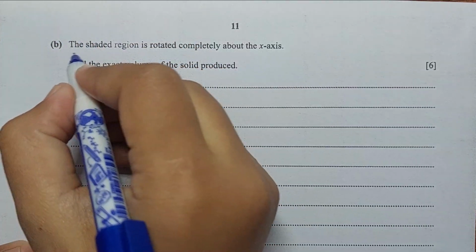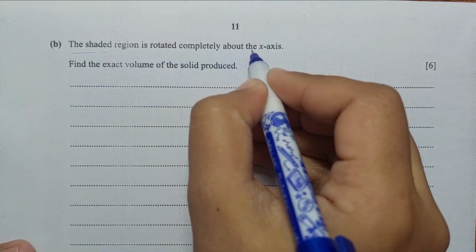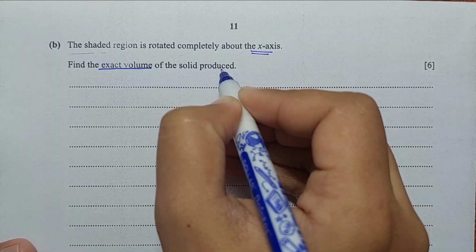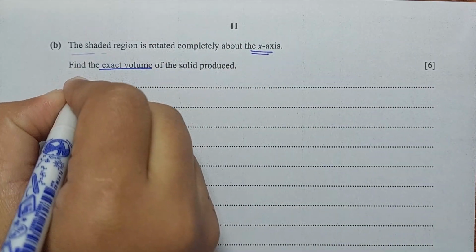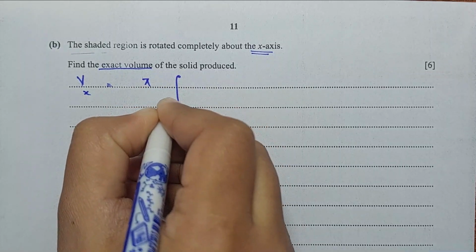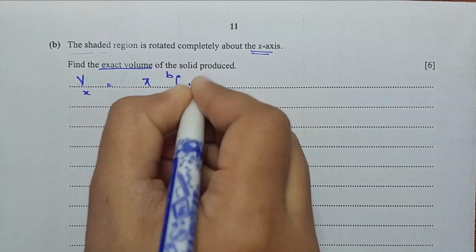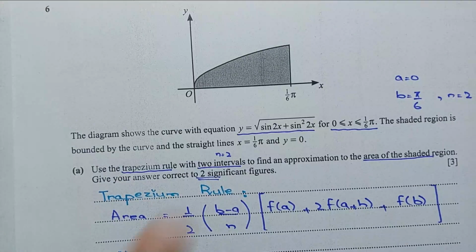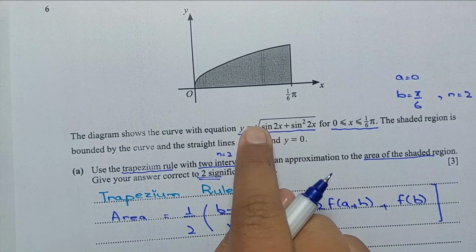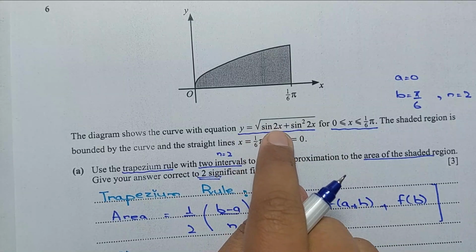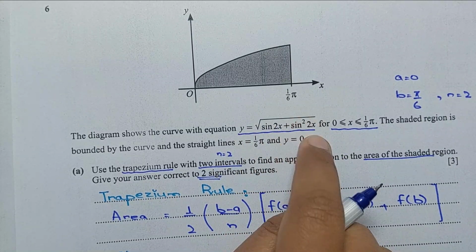Now for part B, the shaded region is rotated completely about the x-axis. Find the exact volume of the solid produced. So the volume about the x-axis is pi integration from a to b of y square dx. This is your y, and y square is without the square root, so sine 2x plus sine square 2x.